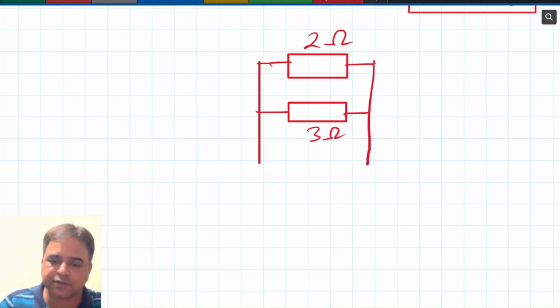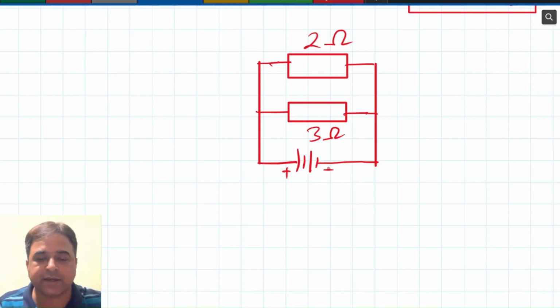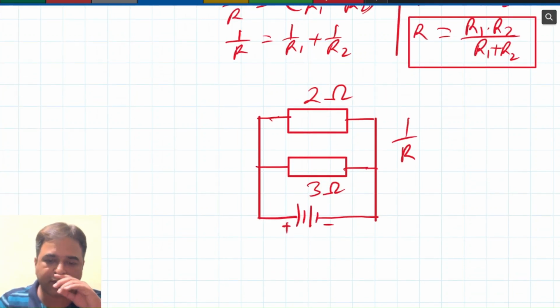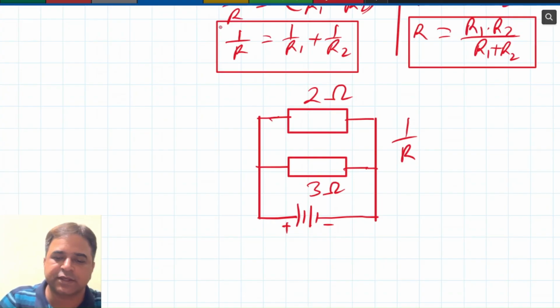Here also, join this, completing the circuit with power supply, positive. Suppose here we have to find out equivalent resistance in both. So this is going to be equal to, according to our formula, 1 upon R. This one we will follow every time. It is better you follow this. This is for your understanding.